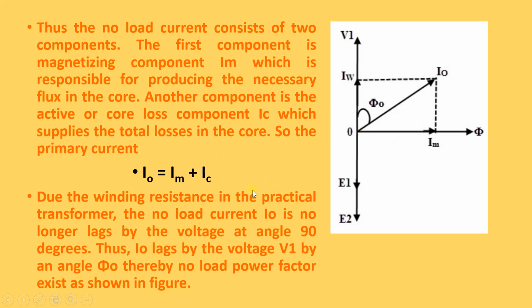As we have the winding resistances in the practical transformer, this no load current is not at a 90 degree angle, it is at an angle of less than 90 degrees. So I0 lags the voltage V1 by an angle phi naught, and this phi naught defines the power factor.